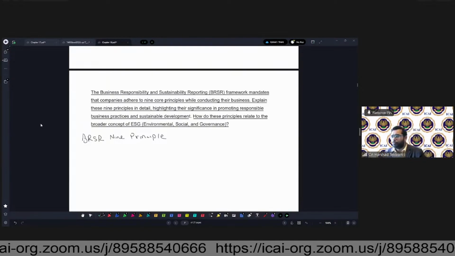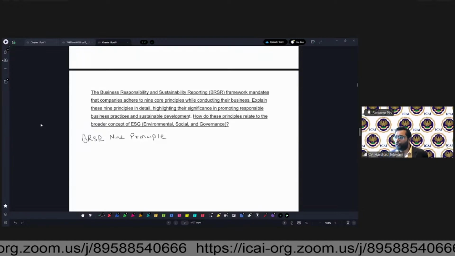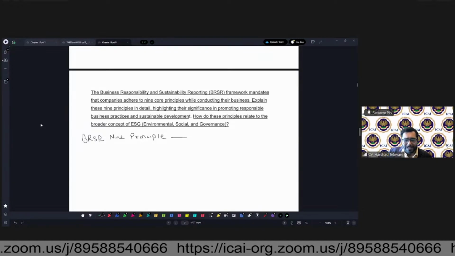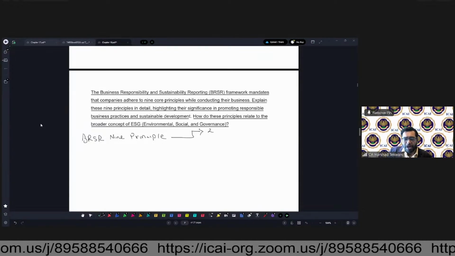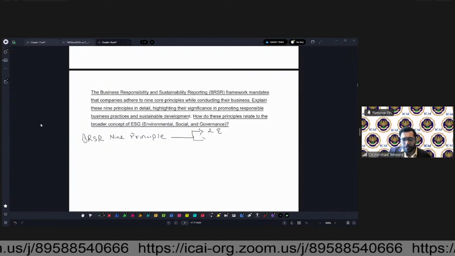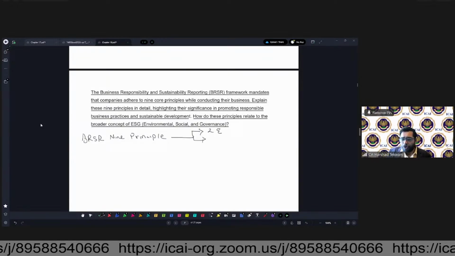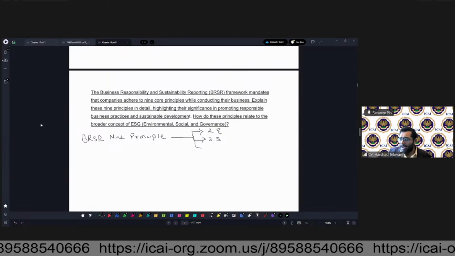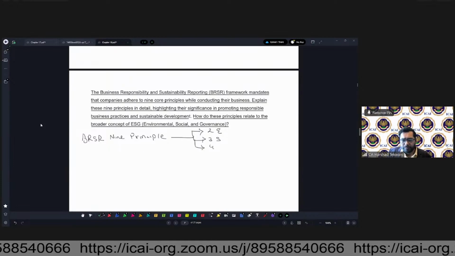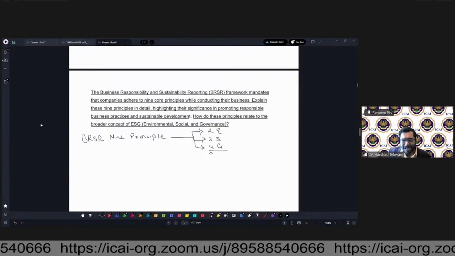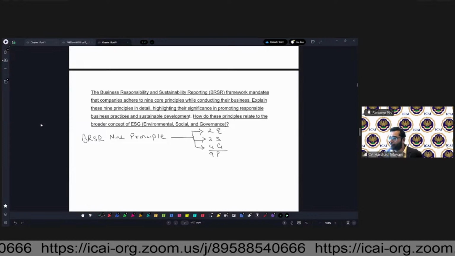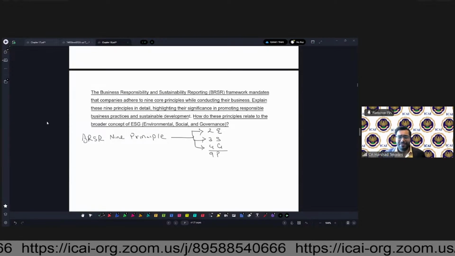Out of these 9, 2 are for environment, 3 for social, and 4 for governance. Total 9 principles. Can anyone tell me about these 9 principles?